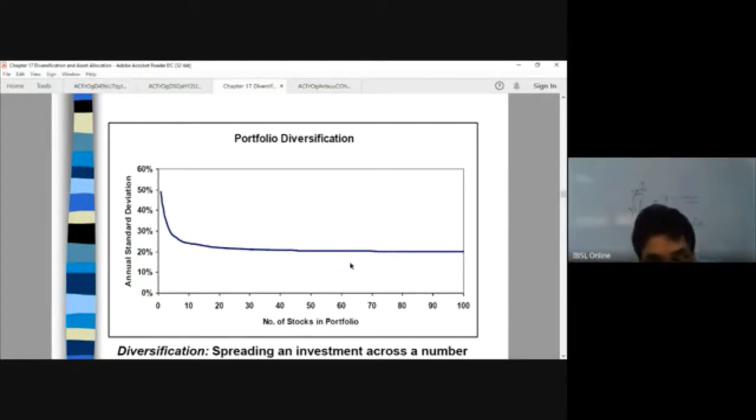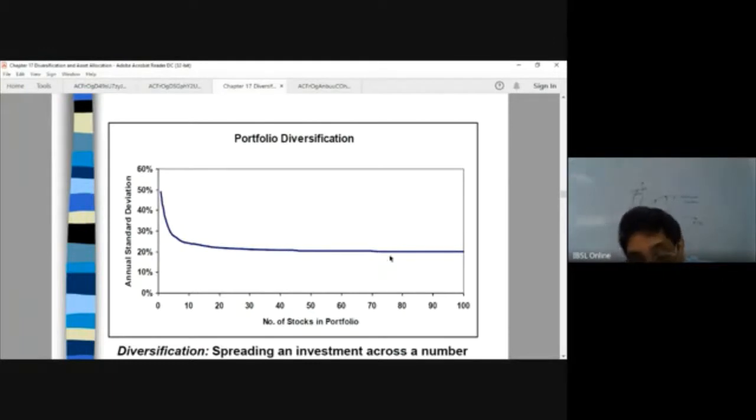If you further add assets or stocks after 75, there won't be any difference. The same risk is prevailing. That means there's a risk we cannot reduce further by adding more assets to the portfolio. Till 75 you can add assets, and as and when you add assets, your total risk comes down.